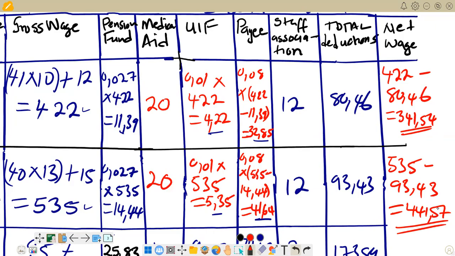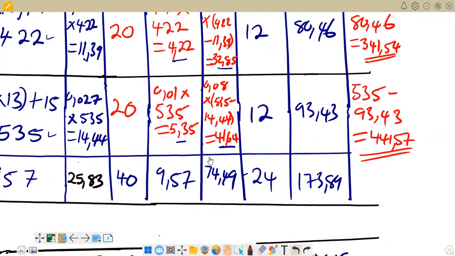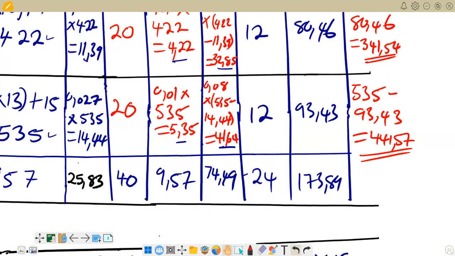And obviously, we are going to add the net wage for the two employees to get the total to put on the last section there. So when we add 341.54 plus 441.57, we're going to get 783.11.